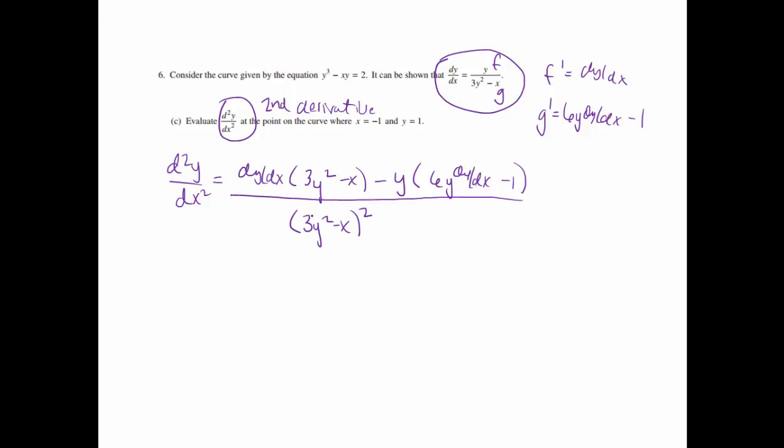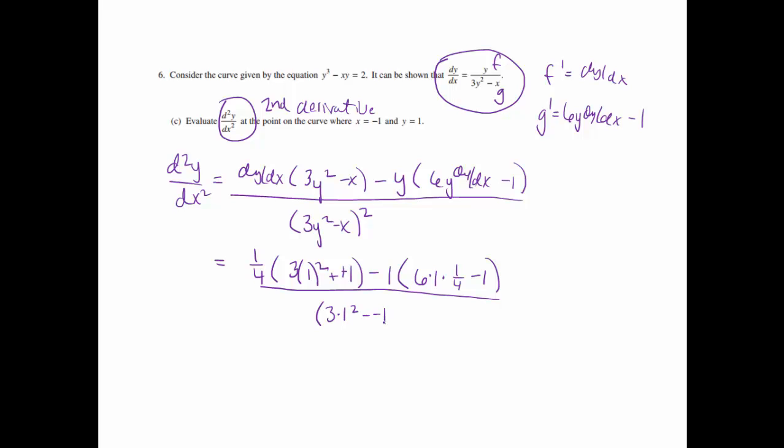Okay, now from here we can just plug in everything. Dy/dx, we already found was equal to 1/4. And then 3 times 1 squared minus negative 1, minus the y value which is 1. 6 times 1 times dy/dx again, which was 1/4, minus 1, all over 3 times 1 squared minus negative 1, squared.